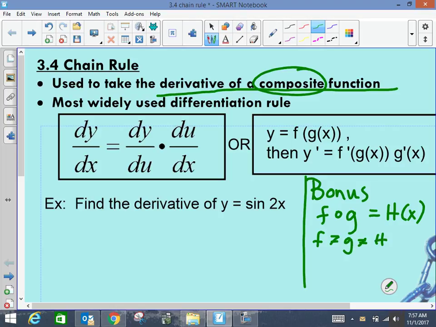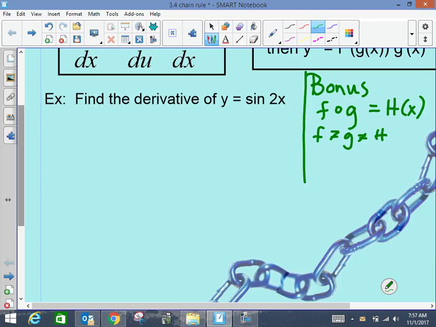So let's say h was something to the fourth power. Now, I do not want to multiply x squared plus 1 times itself 4 times. So that's your alternative to find a derivative if you are going to find h prime.